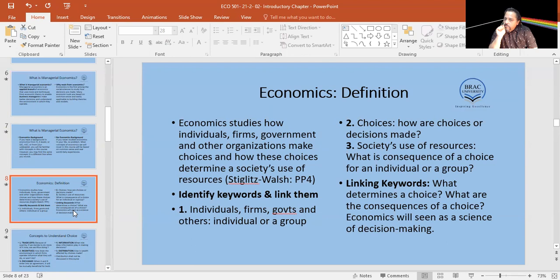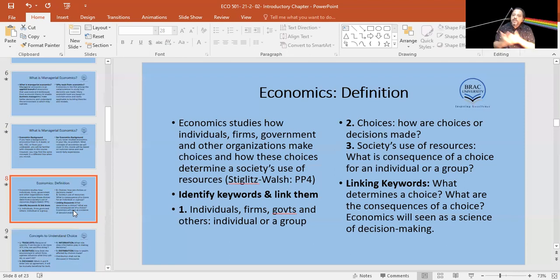Until and unless we make a decision, we don't know whether it was a good decision or a bad decision. But before making a decision, everybody has to think. Shall I go for this or shall I go for that? So is there any underlying principle with which we can predict that if we go like this, the chances are very high that the decision will be a good one, given the environment that I find myself in.